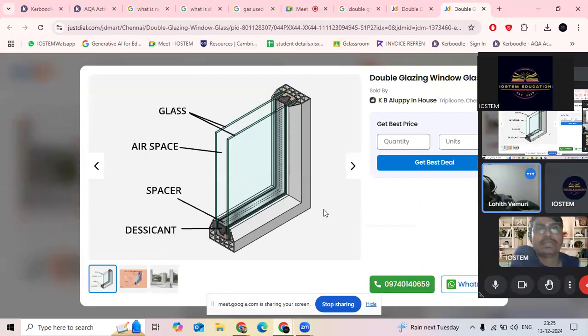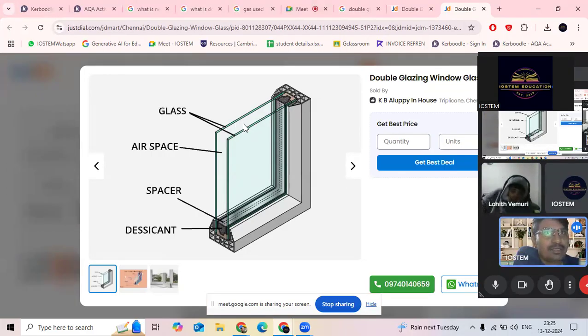Can you see the picture, Lohit? So you can see there are two glasses connected in one frame, and there is a gap between these two glasses. This gap can be filled with group zero elements.